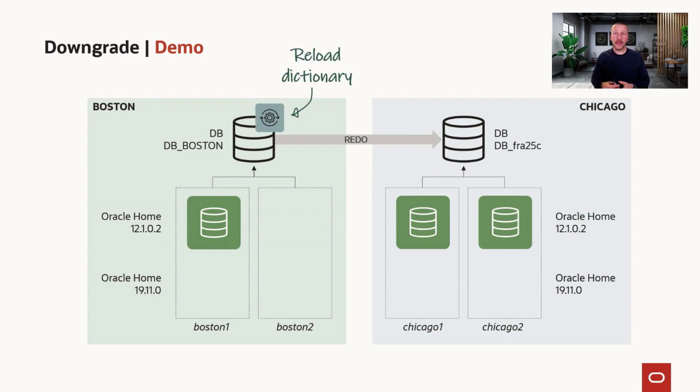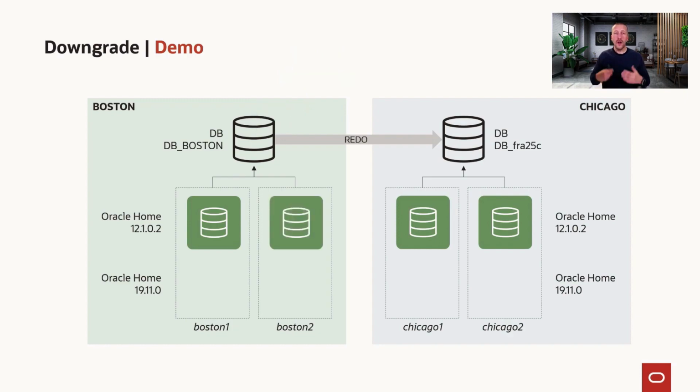We use the script cat reload to reload the data dictionary in the old release. When that happens, we can start all the remaining instances on the primary database. Redo will then be transported and applied to the standby database. And now the downgrade has completed, you can start to use the database in the old release again.